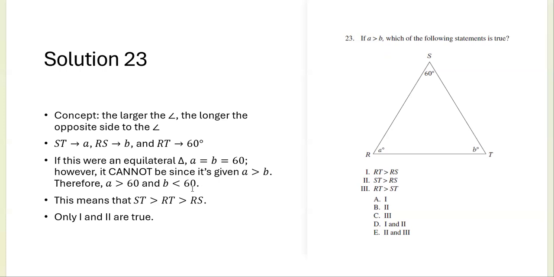And therefore, since A is greater than 60, ST will be the biggest, the longest. The 60 degree will be the second biggest angle, so RT will be the second longest. And then B is less than 60, so RS will be the shortest. So that's what I wrote there.